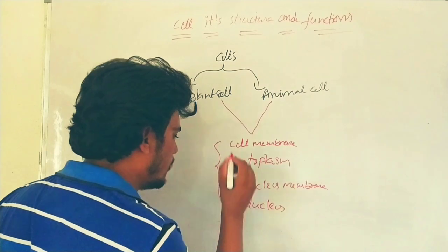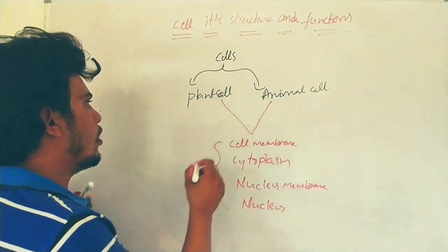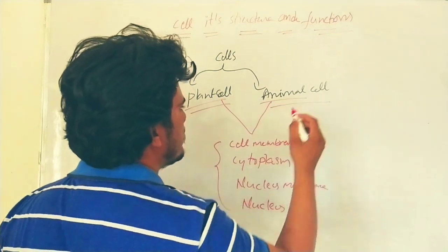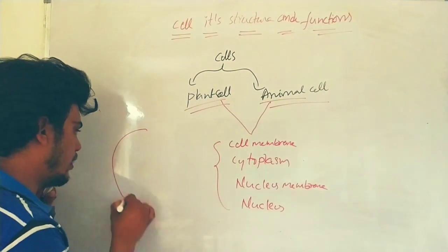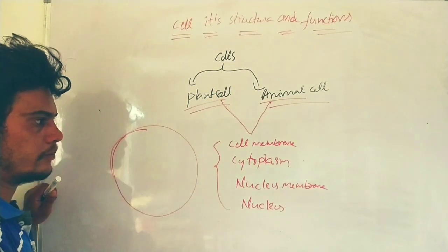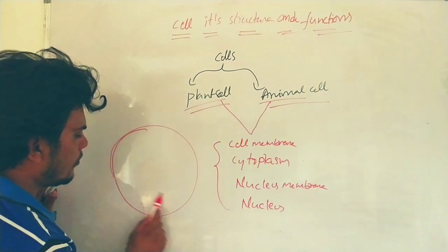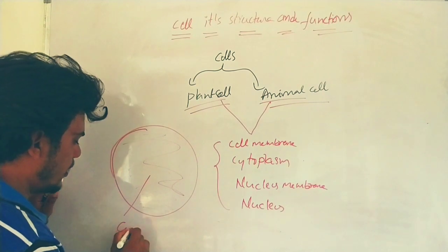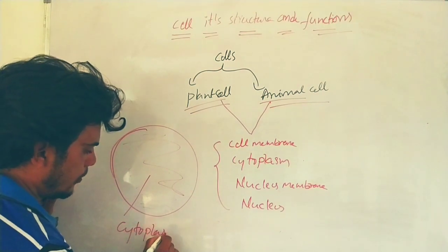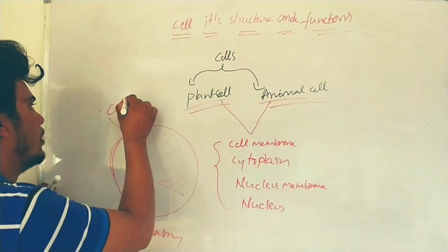These major parts are common in plant cells as well as animal cells. First one, cell membrane. The membrane around the cell is the cell membrane. Inside the cell membrane there is a liquid portion. That liquid portion is called cytoplasm.